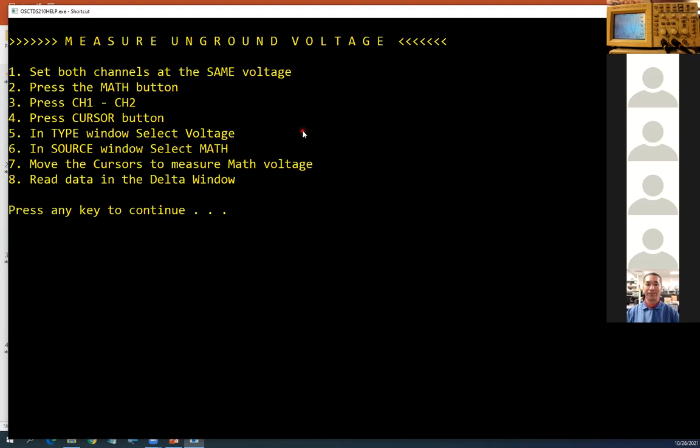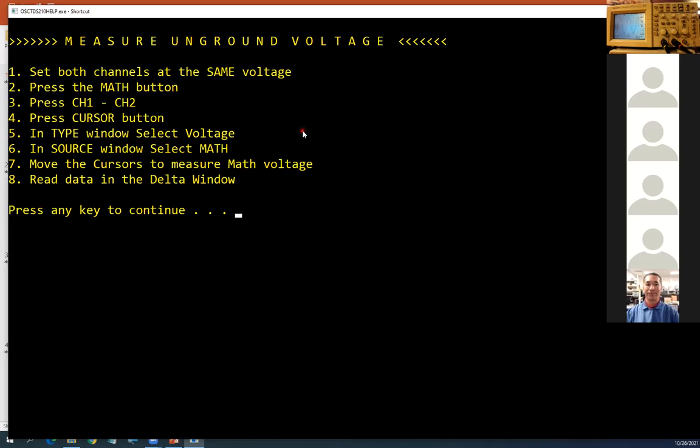First thing, you must set both channels at the same voltage. Then you press the math function button. You press channel 1 minus channel 2.